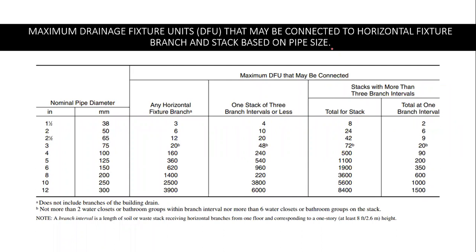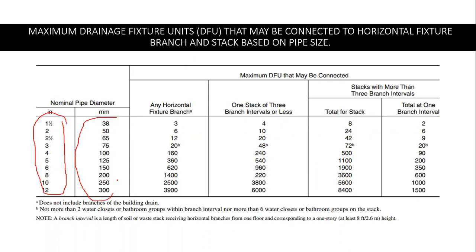So, first is table 2. Maximum drainage fixture units, DFU, that may be connected to horizontal fixture branch and stack based on a pipe size. Nominal pipe diameter, inches is 1.5 to start the line.